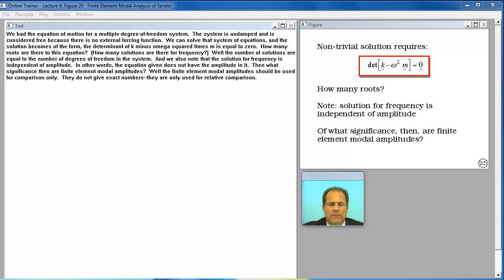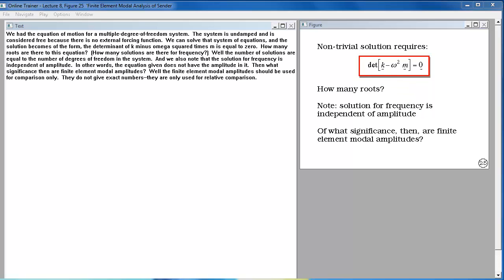We have the equation of motion for a multiple degree of freedom system. The system is undamped and is considered free because there's no external forcing function. We can solve that system of equations, and the solution becomes the determinant of k minus omega squared m is equal to 0.